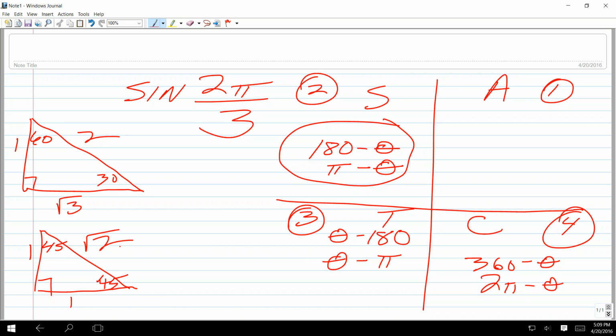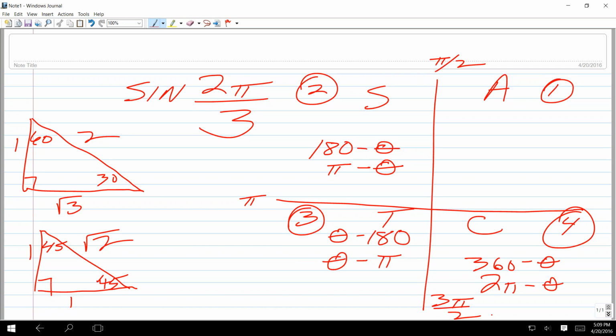So if I'm dealing with the sine of 2 pi over 3, which quadrant's that in? 2 pi over 3 is in the second quadrant. So I'm going to use pi minus theta to figure out the reference angle.